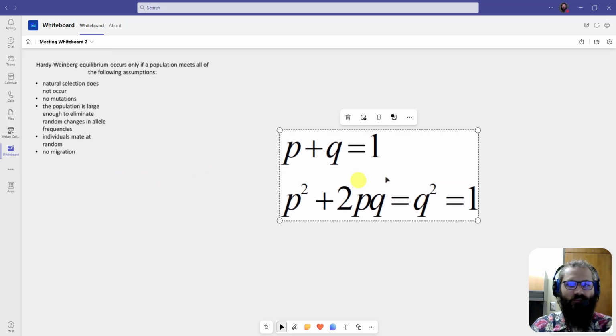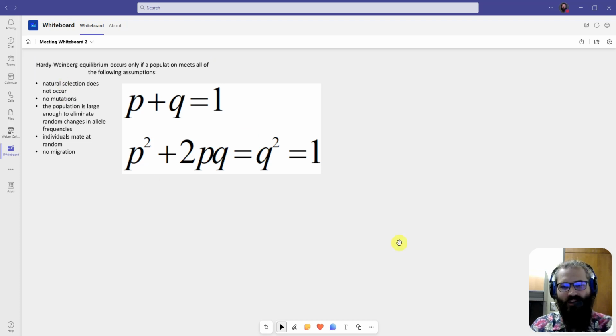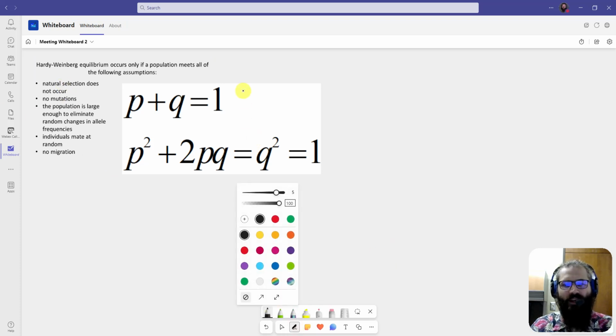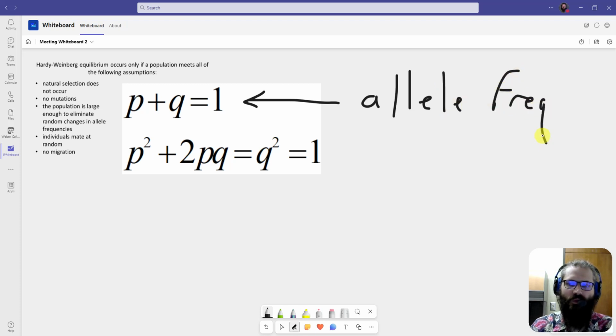Those are huge. What you have here is one of them that explains the allele frequencies. So this one here is allele frequencies, whereas this one here shows the genotype.